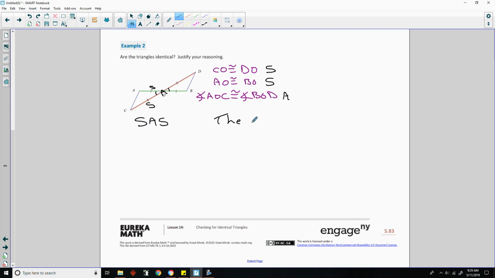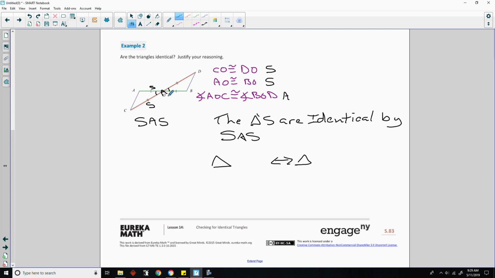So the triangles are identical by SAS. And the triangle correspondence is, some triangle corresponds to some triangle.